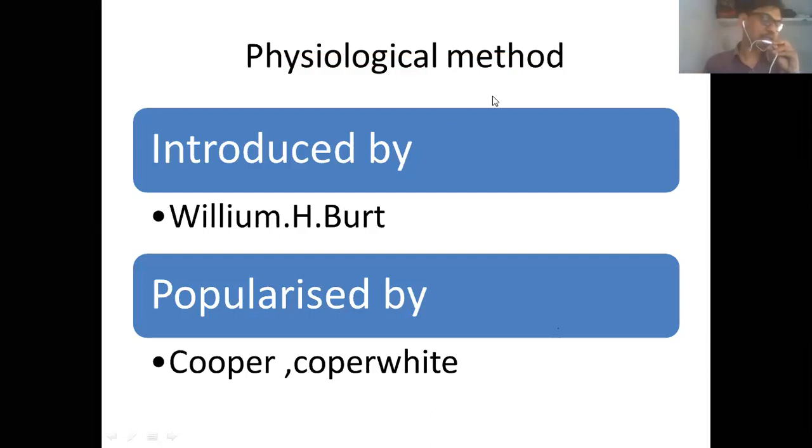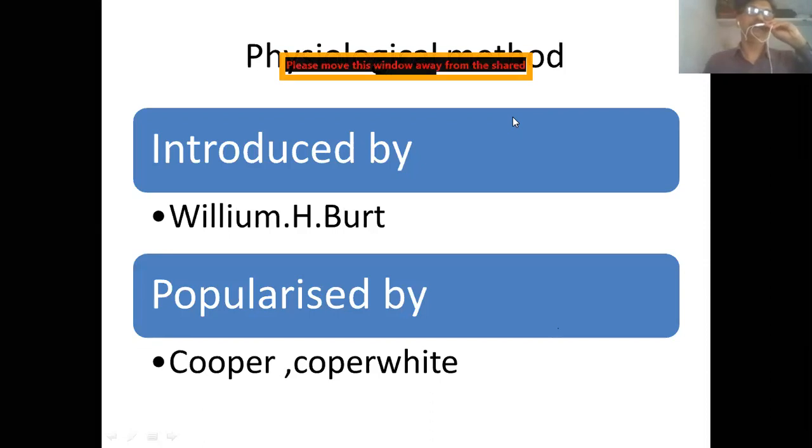So today we'll start with one more method, that is physiological method of homeopathic materia medica. In the science and philosophy, we have understood that there is a trinity of philosophy of homeopathic materia medica, that is dynamic, individualization, and totality of symptom.